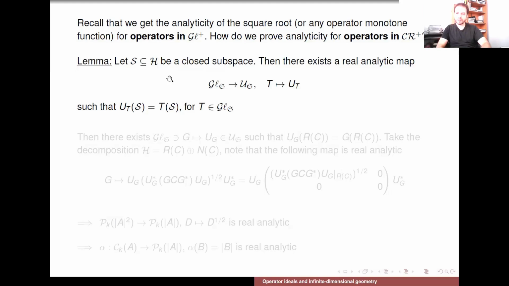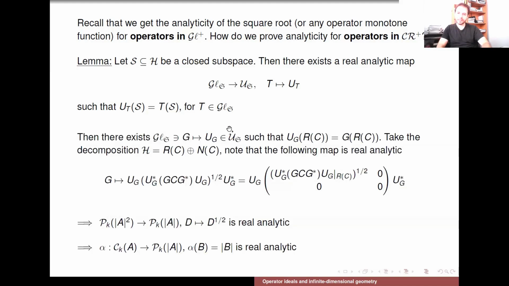The idea is to use this result: if we have a fixed subspace S, then one can associate to each T in this restricted invertible group a unitary in the corresponding restricted group, such that this condition about S holds. So we use this condition with S being the range of our fixed operator C here.